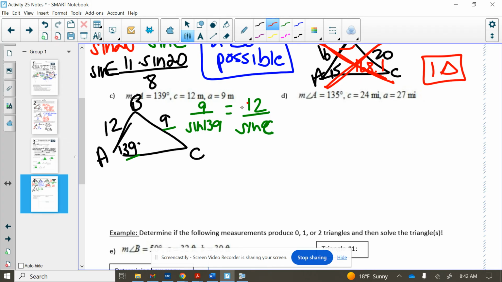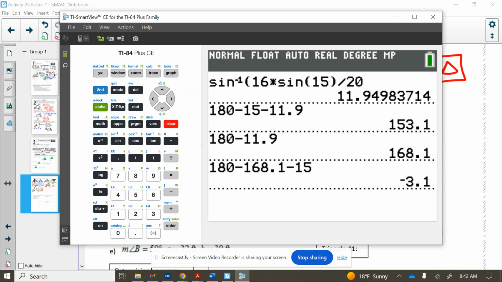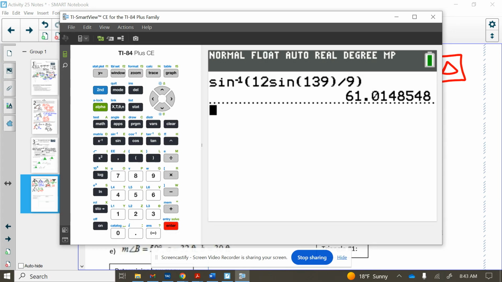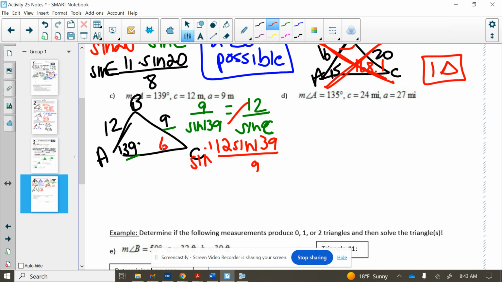Cross multiply and solve: 12 times sine of 139, all divided by 9. And we need angle C, so we need the inverse of that. So this time we have sine inverse of 12 times sine 139, and then that value divided by 9. We end up with 61 degrees for angle C.